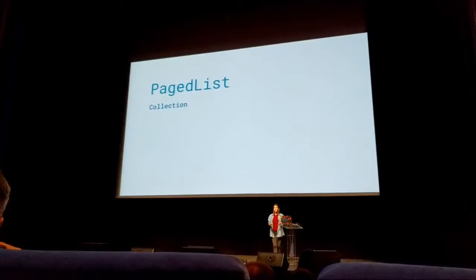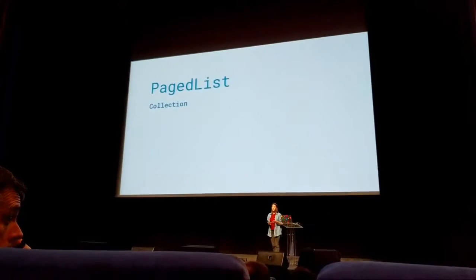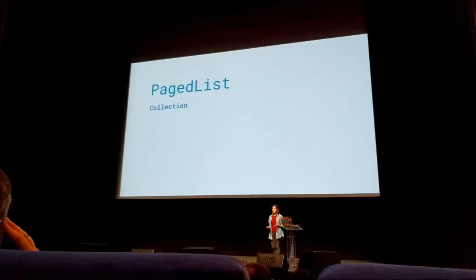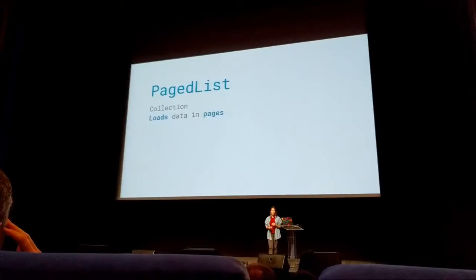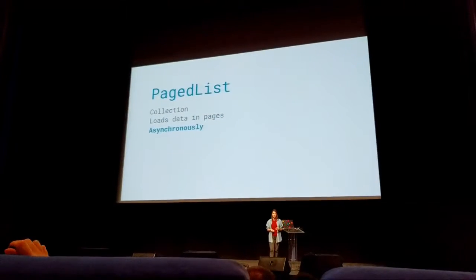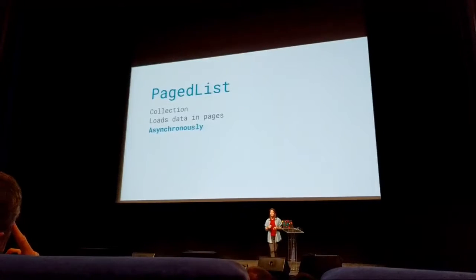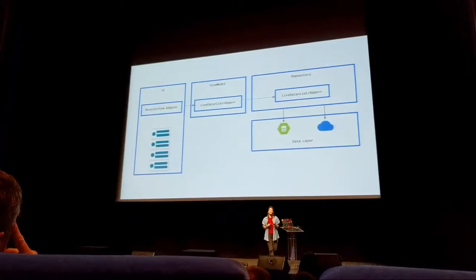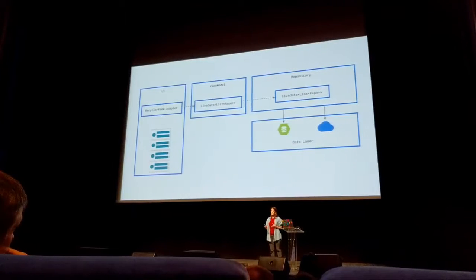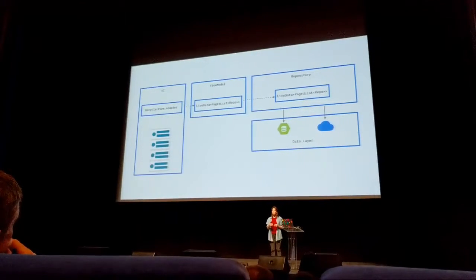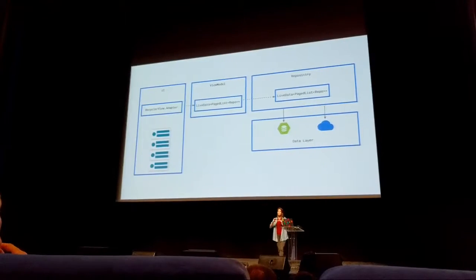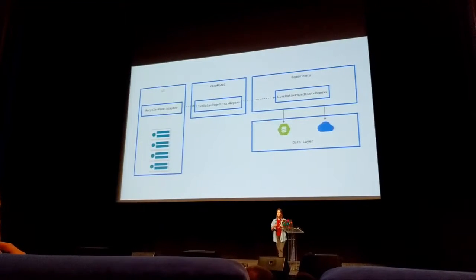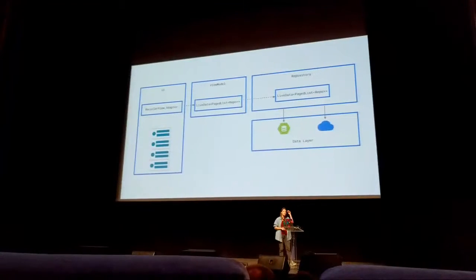Okay, so one of the main components of paging is the paged list. A paged list is actually nothing more than a collection. It actually extends the list, but what it does is load data in pages asynchronously. This means that in our application, instead of working with a live data of a list of repos, we would work with a live data of a paged list, and then let the paging library do the paging, the requesting of the data in chunks for us.